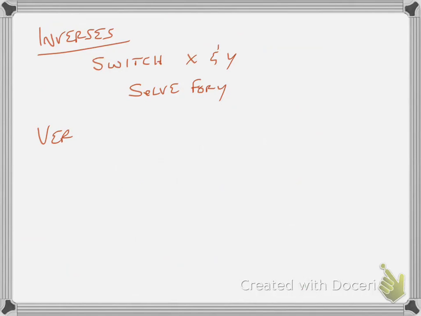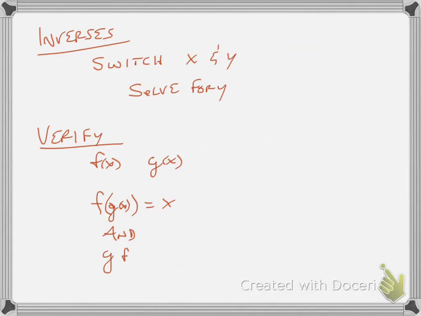To verify that they're inverses, if you're using f of x and g of x, if they're inverses, then f of g of x will equal x, and g of f of x will equal x. If one doesn't work, the other one won't work. So they both will be equal to x if they are inverses.